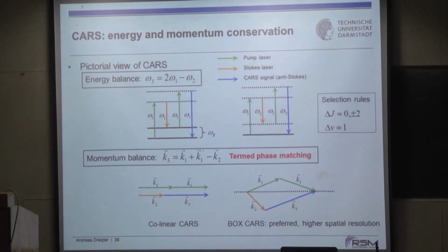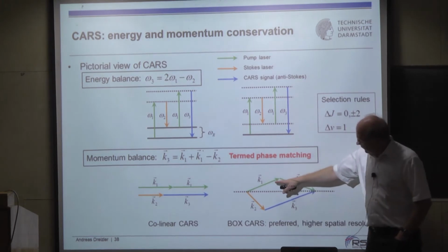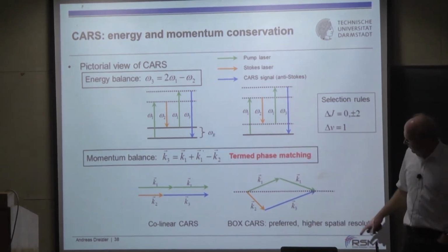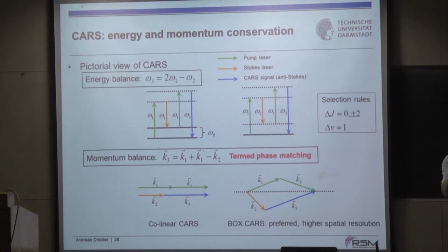If you would do so, the problem would be you would have no spatial resolution because all these beams would be on top of each other. So that's something we don't want. That's why we take it differently. We now have these two omega-1 photons with the corresponding K1 vectors, and they're at a certain angle, like that. You select that, and thereby you have a crossing like an LDV, a certain overlap, and only in the overlap you have the signal created.